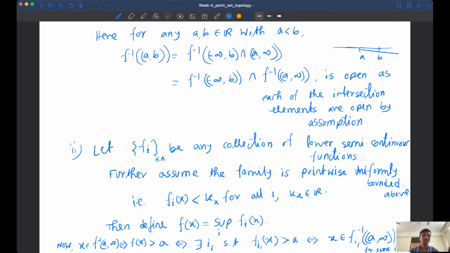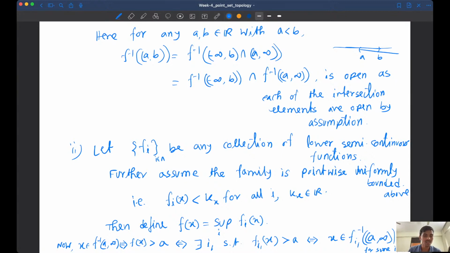Okay. So f(x) is the supremum of f_i(x), right? By the definition of supremum, it is the least upper bound. So I took a such that it is strictly less than the least upper bound.